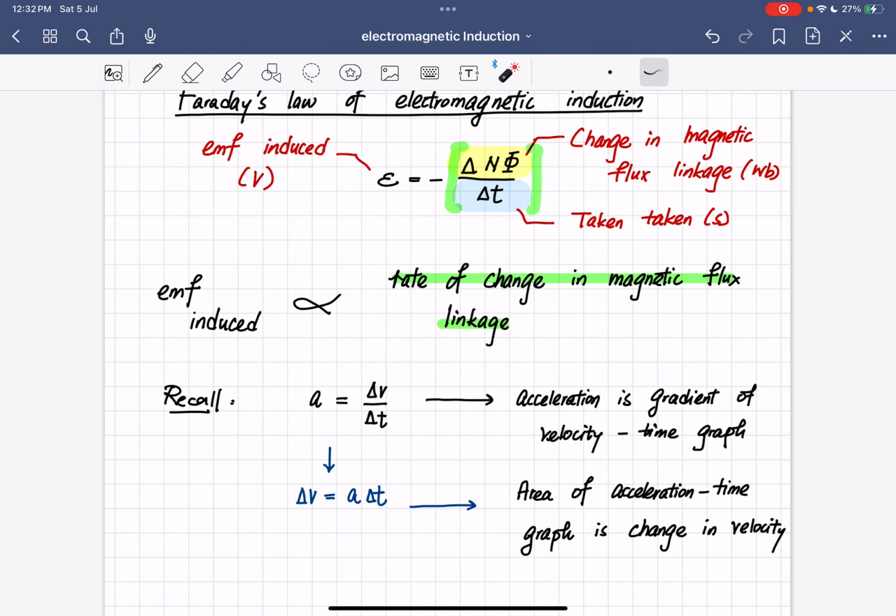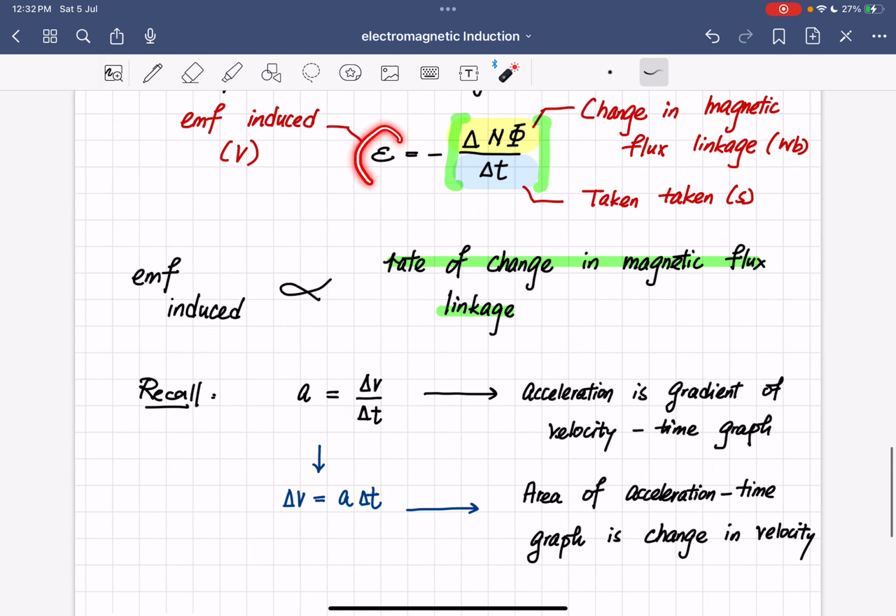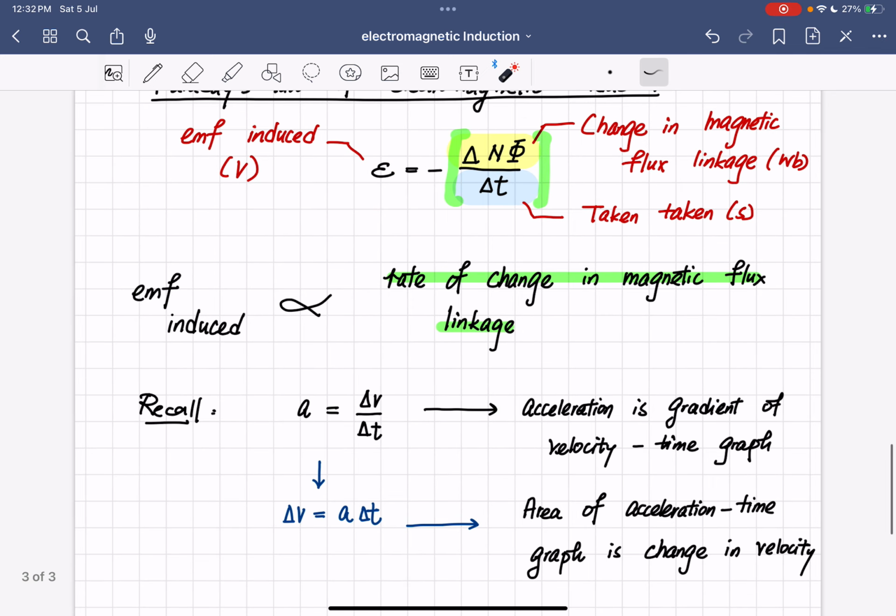So we will say that the EMF induced is the gradient of magnetic flux linkage versus time. You can see this part is just this one, and this is this one. But there's one exception: there is a minus sign here that you need to be aware of.